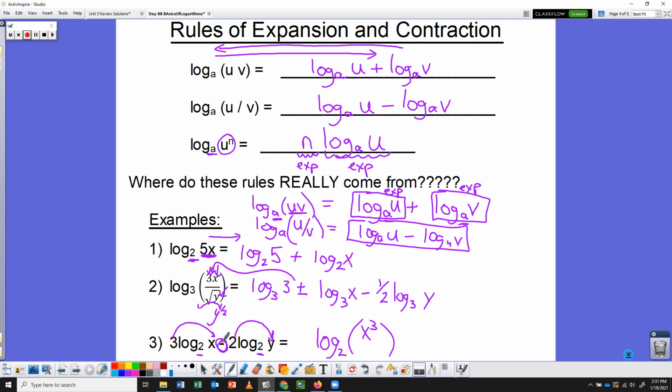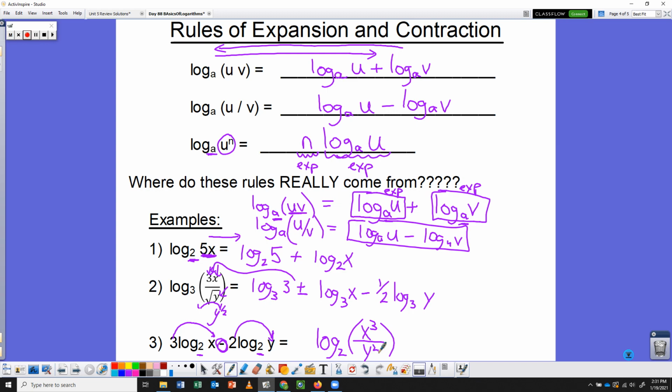So the x cubed was on top, and on bottom we're going to have a y squared because the 2 was the exponent on y. So we put the numbers that are out in front back into their exponential place, and we look in between to see if it was being added or subtracted. Subtraction means division. So log base 2 of x cubed over y squared.